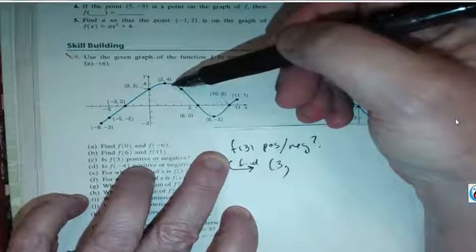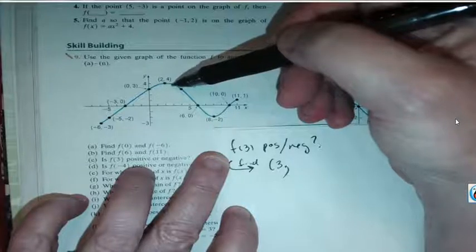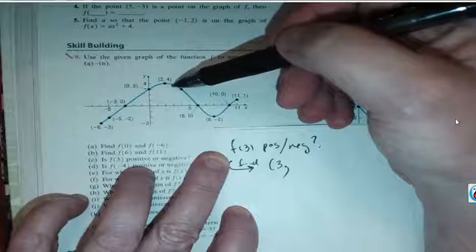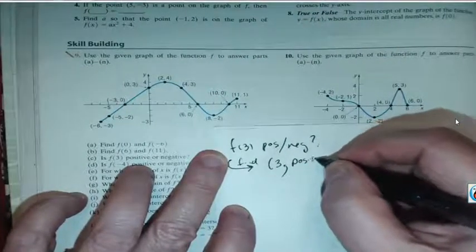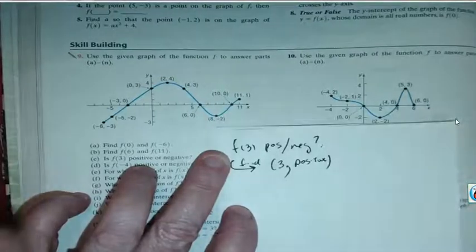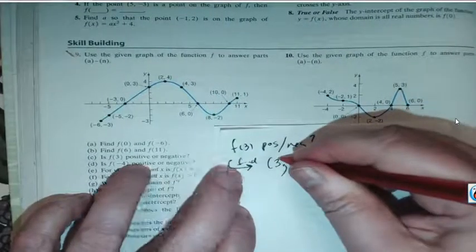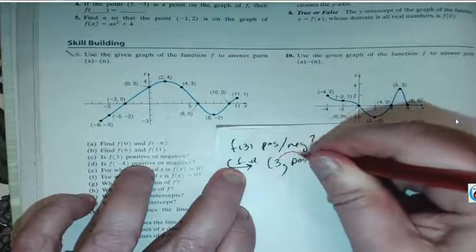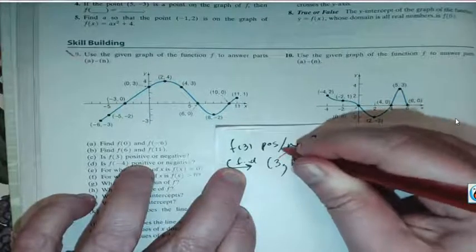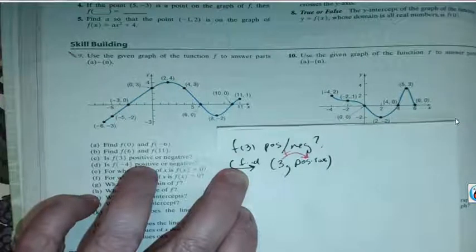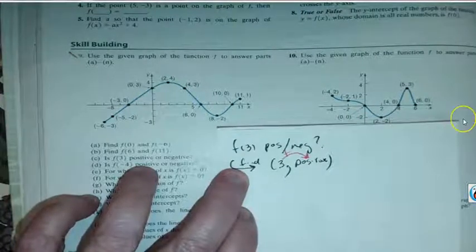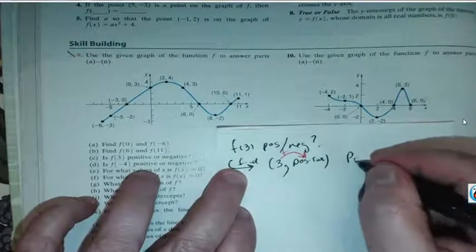I don't know exactly, but I do know that the x-coordinate is 3. The y-coordinate is a positive number. It's between 3 and 4. And that's all this question asks for. It doesn't ask for what f evaluated at 3 is exactly. We cannot tell. But f will map 3 into a positive number. And so the answer is positive.